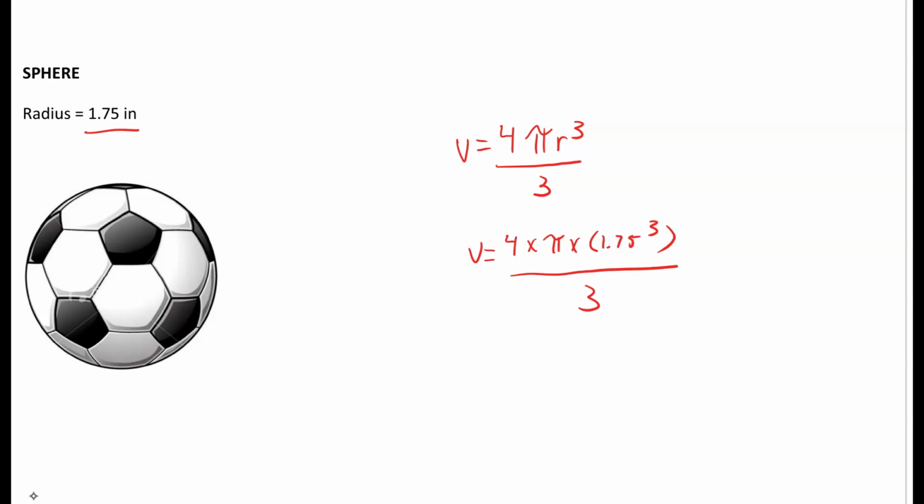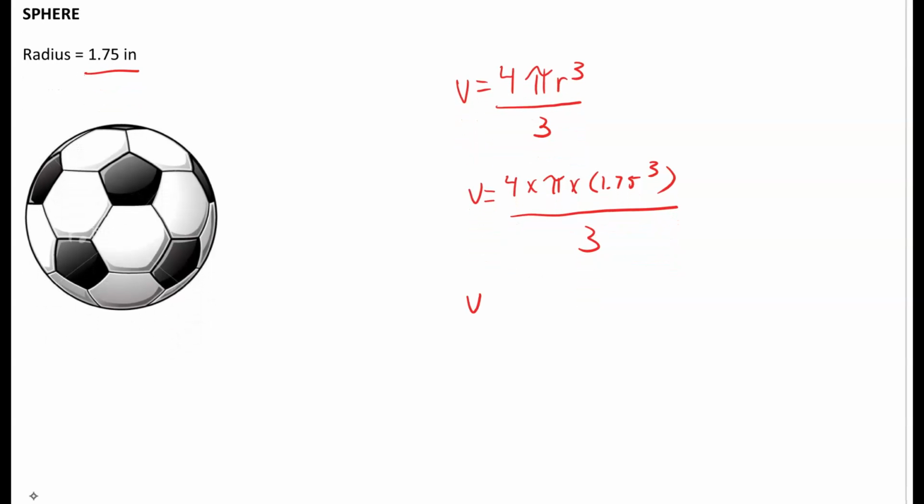I'm going to start off with my top portion here, so my volume equals 4 times pi times 1.75 cubed equals 67.35, and make sure you're paying attention to that decimal when you're calculating. It was 347, so that rounds it up to 0.35.